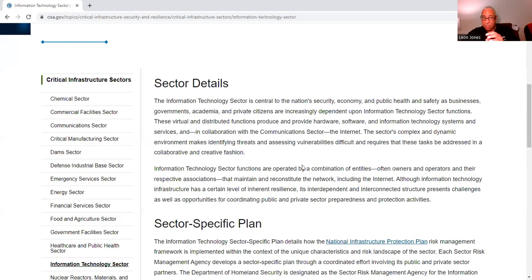That's right, a collaborative and creative fashion. Now, again, the IT sector is operated by a number of entities. And of course, they maintain and reconstitute the network, and that includes the internet.